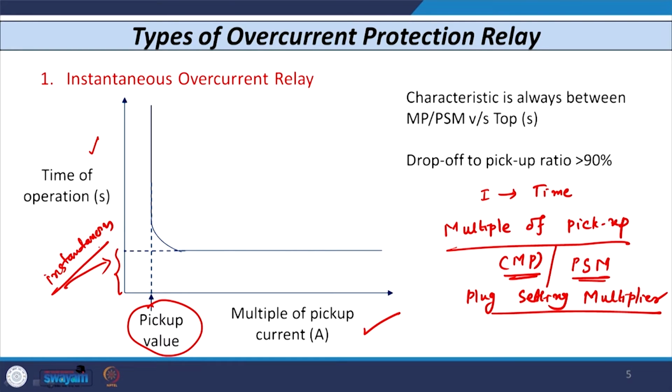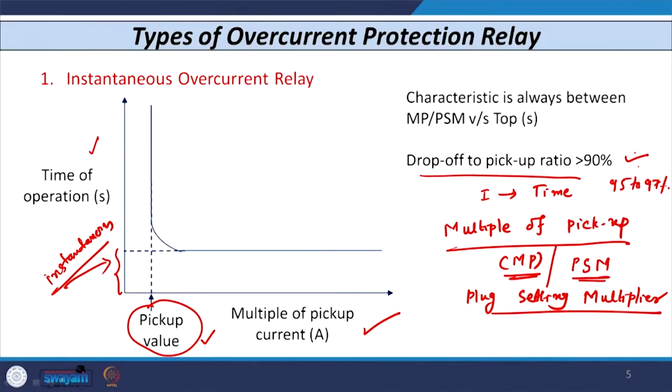The second very important thing is the drop off to pickup ratio of this relay. Whatever relay is available in the market has some pickup value, say this value we have set here. It also has some drop off value. Drop off value is the value of current at the point of time when current gets discontinued. If the drop off to pickup ratio is always greater than 90%, then the relay is very good.